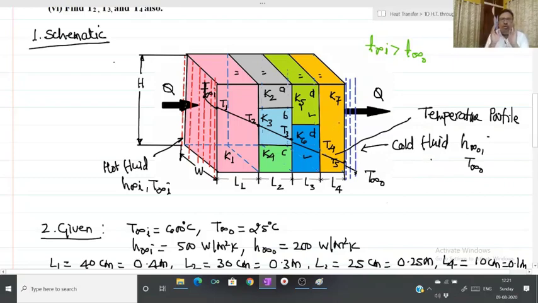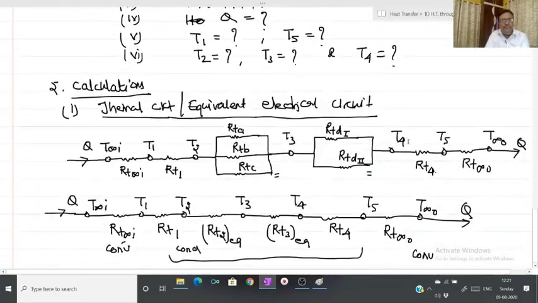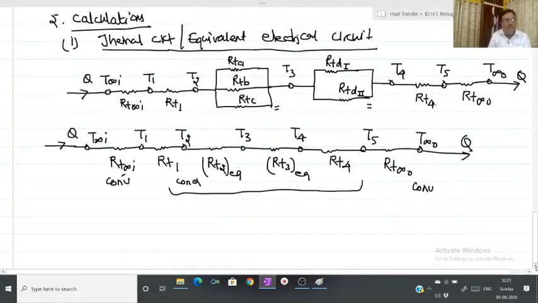So there will be a total of 6 thermal resistances in the path of the heat flow. So we could solve the first part of this problem. The second part is to calculate the individual thermal resistances.